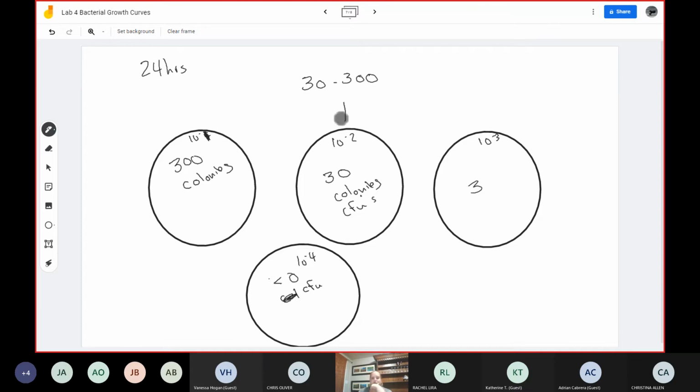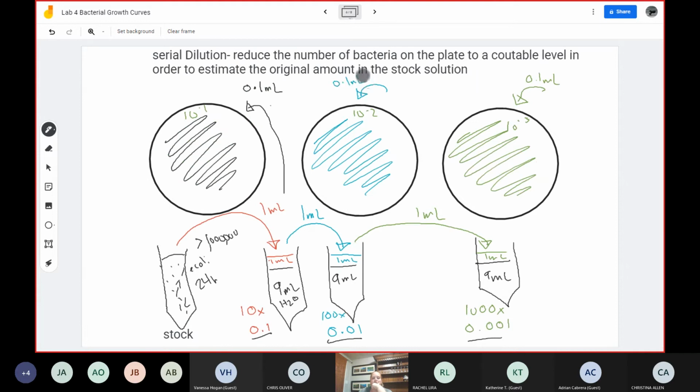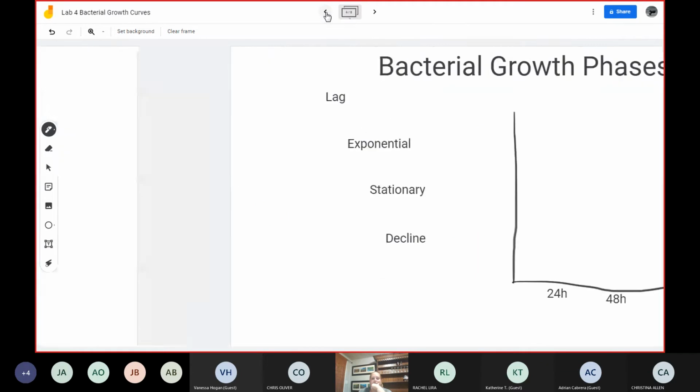So let's say that we went with this plate with our 30 colonies, because it's easier to count than 300 colonies. So if we had 30 colonies at 10 to the minus 2 here, and we know that we plated 0.1 milliliters onto that plate.